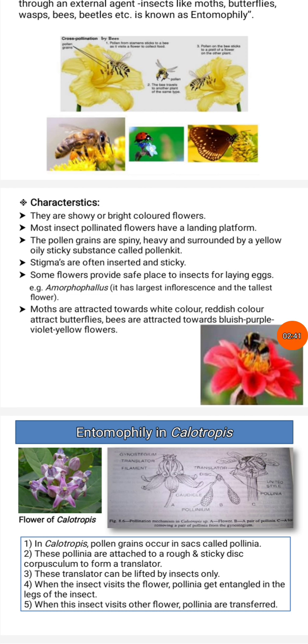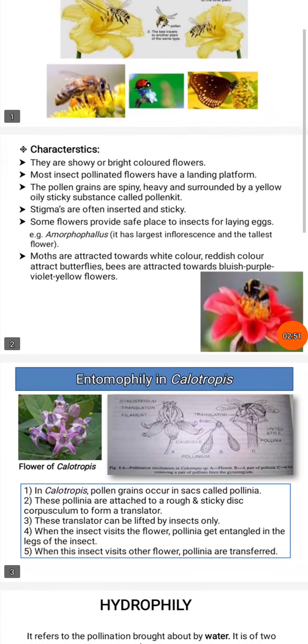Also, in some plants like Canna indica, the stamens are modified into petal-like structures for landing of insects.